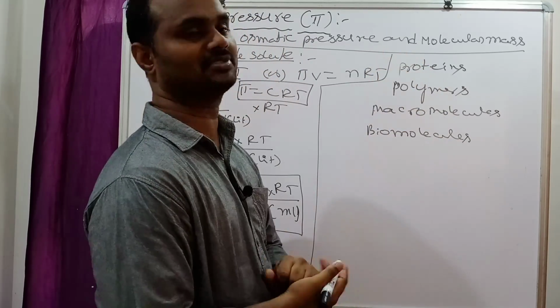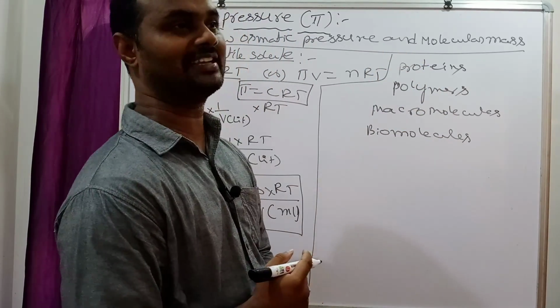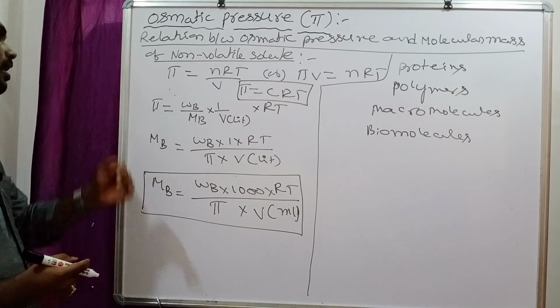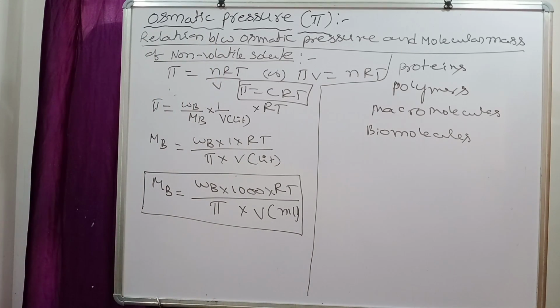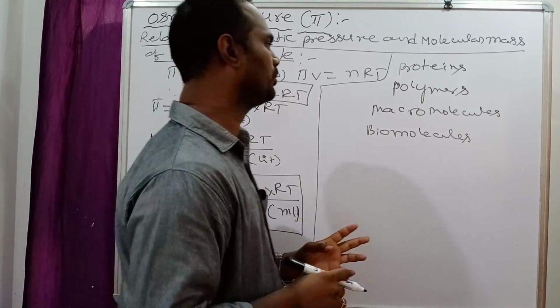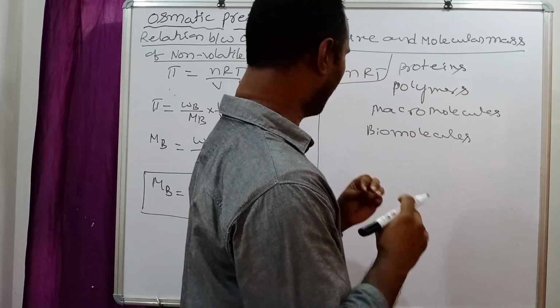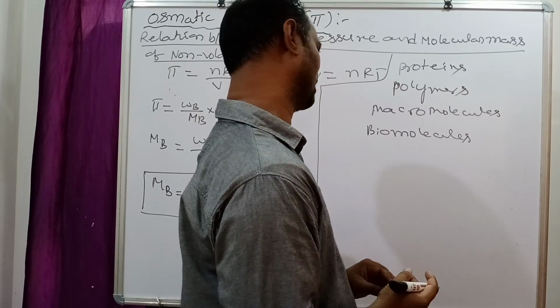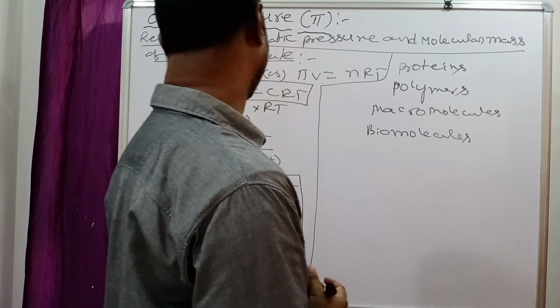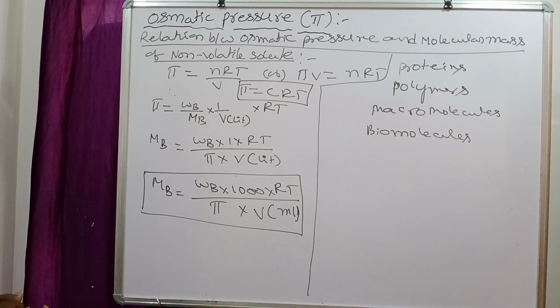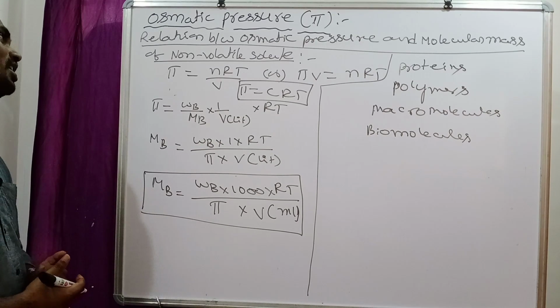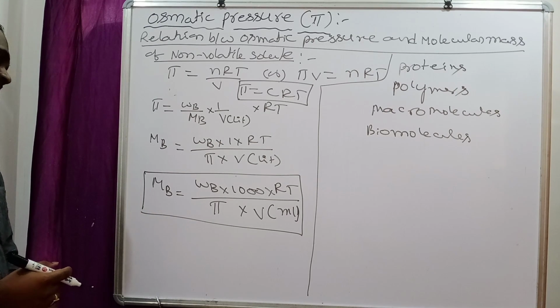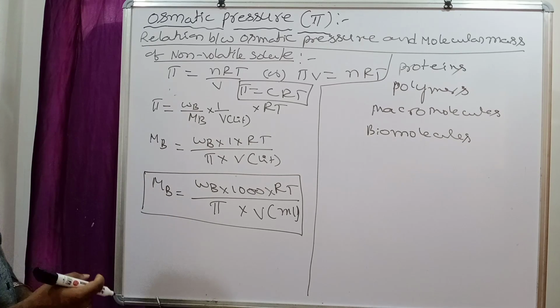For all these substances, molecular mass we can determine by using the osmotic pressure method. Is it clear? Most of the proteins, polymers, macromolecules, biomolecules which are unstable at high temperature, for all these molecules molecular mass we can calculate by using the osmotic pressure method. Is it clear? Next one.